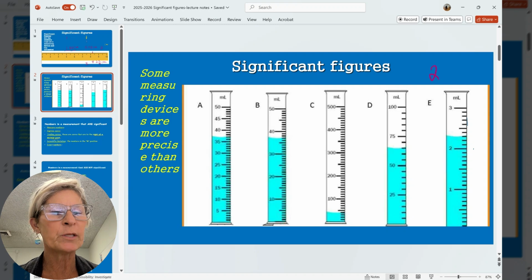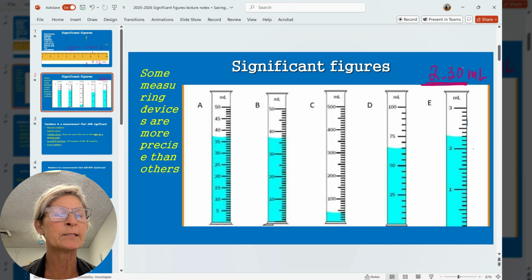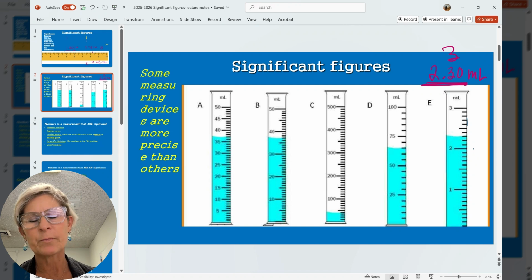If I read this as 2.1, 2.2, 2.3, and my estimated digit is 0, that's my measurement. Since I've read the 2 and the 3 off the measuring tool and estimated my last digit, I have three sig figs. So if you are measuring something directly off a measuring tool, all the numbers that you report plus that estimated digit are significant.